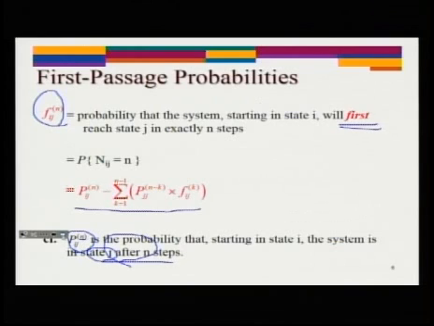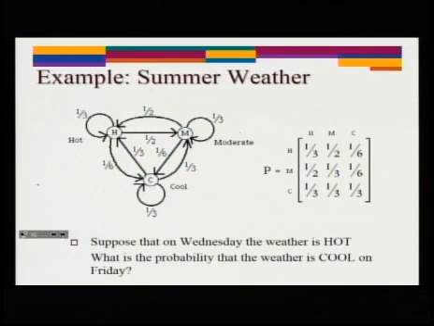I just want to give you the basic concept, how you can distinguish this F from this P, those two probabilities. So first of all, let's take a weather forecasting example that we talked about probably last week, right?